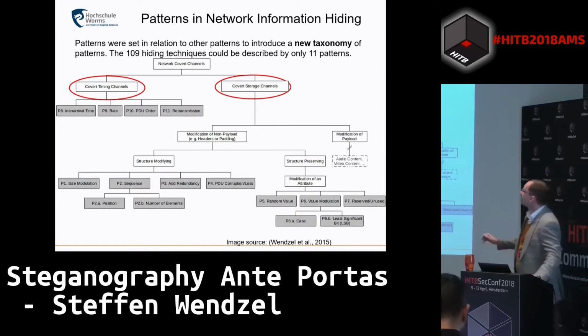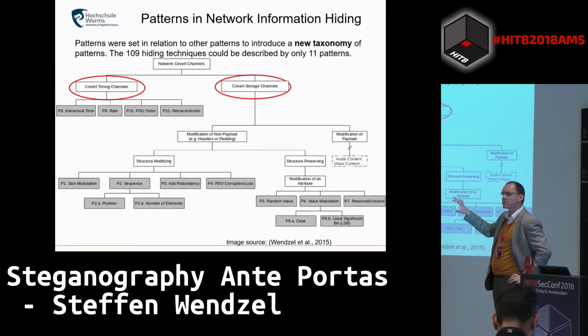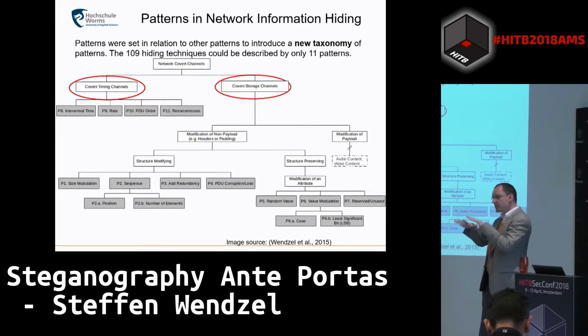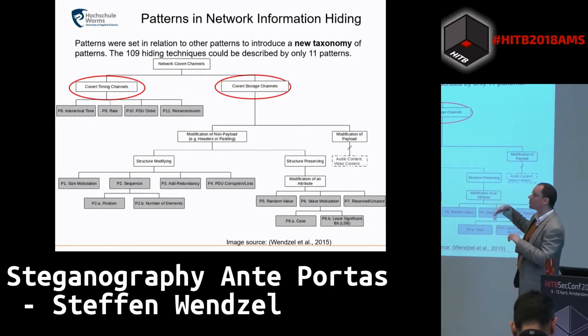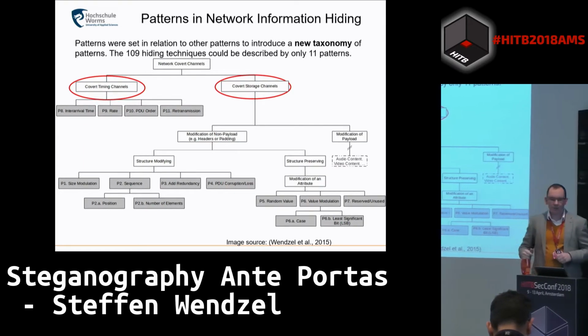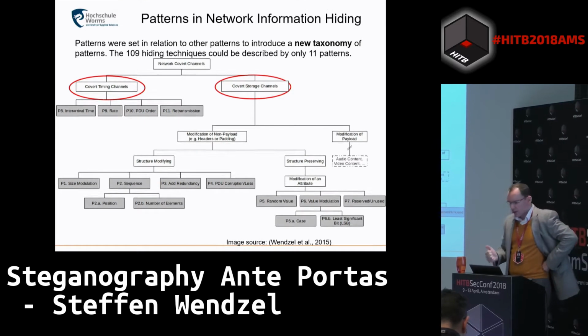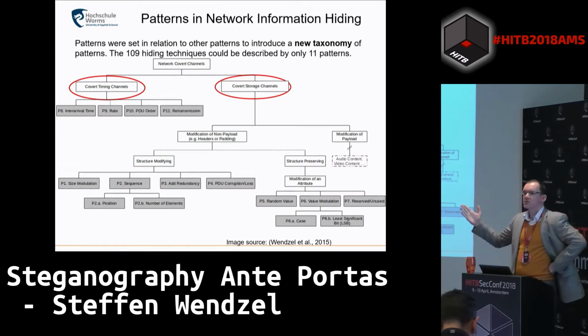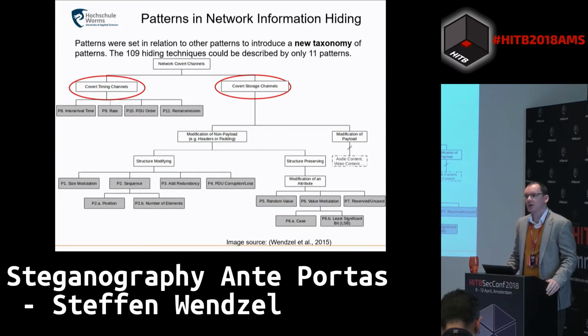We split the covert channel techniques into those that are influencing the timing of data transfers and those that influence the storage, or the data that is actually transferred. Because these two separations were already proposed in the early 80s by the DoD and are the general distinction of covert channel techniques, we kept them.